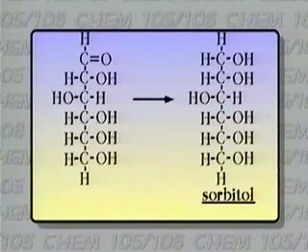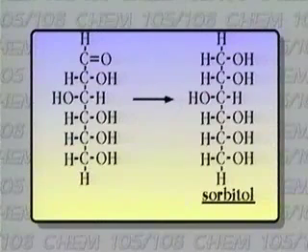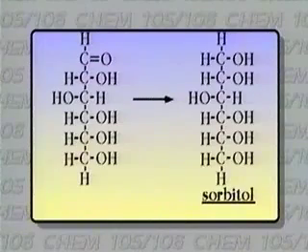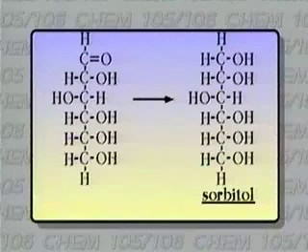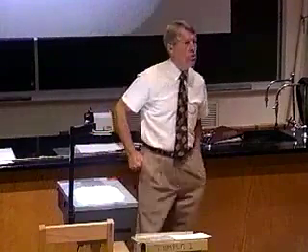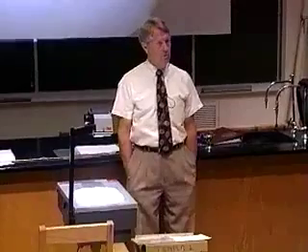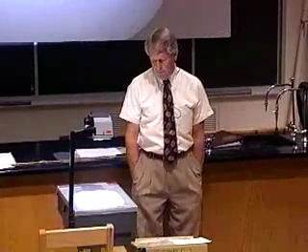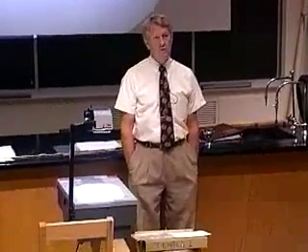So we're breaking that bond and putting a hydrogen on and converting it into an alcohol. Well, this particular substance here with 6 alcohol groups, no aldehyde or ketone, has a commercial name called sorbitol. This is a fairly good sugar substitute. It has about 70% the sweetness of table sugar.